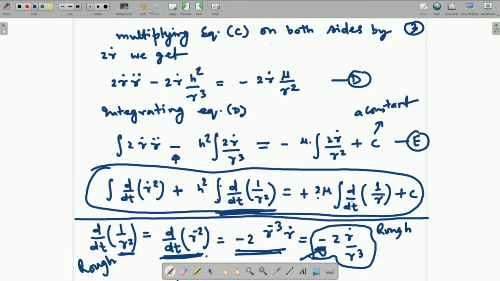And one more thing we will do, let us first remove this integration sign, okay. And this c also we will remove to make it more consistent. This is removed.